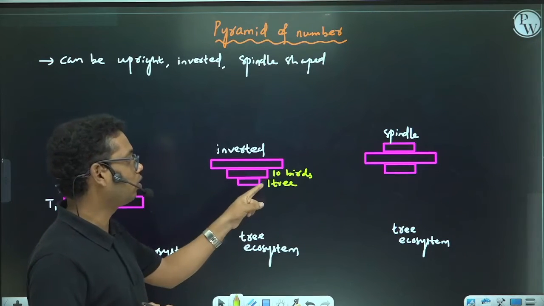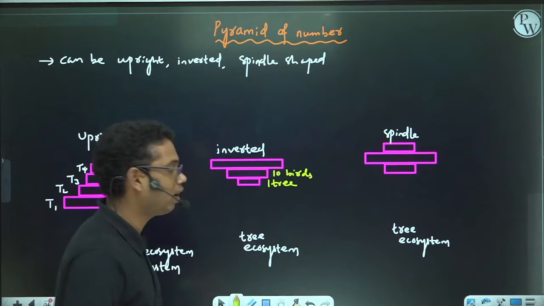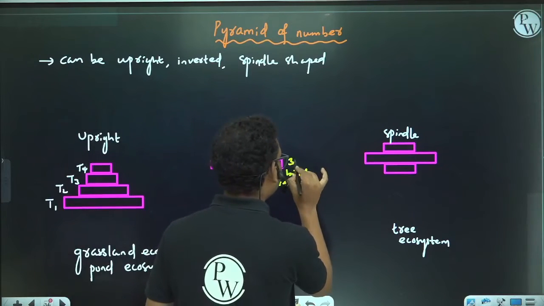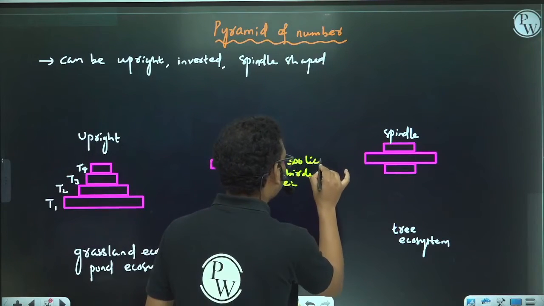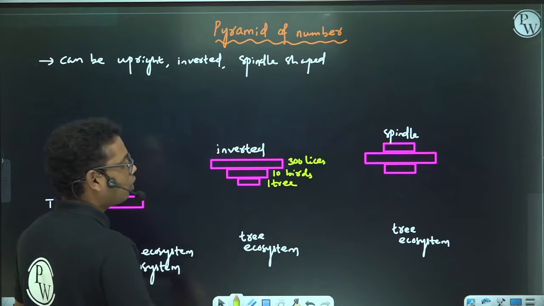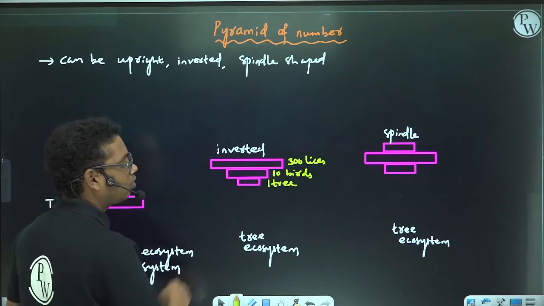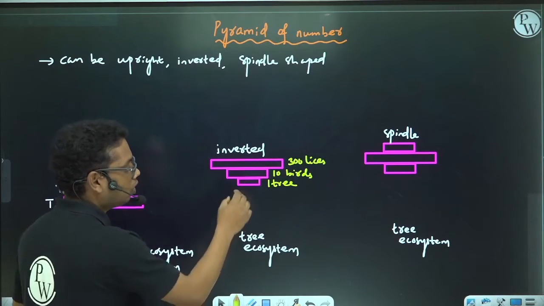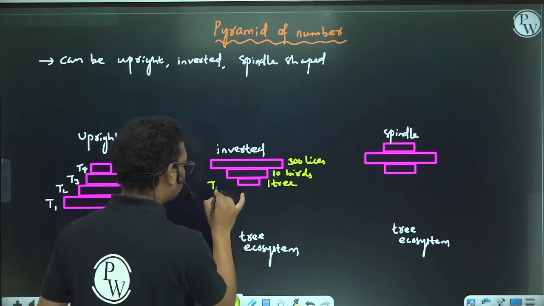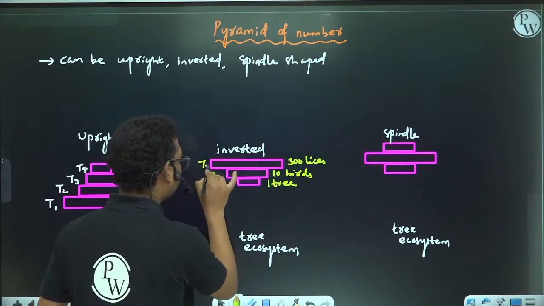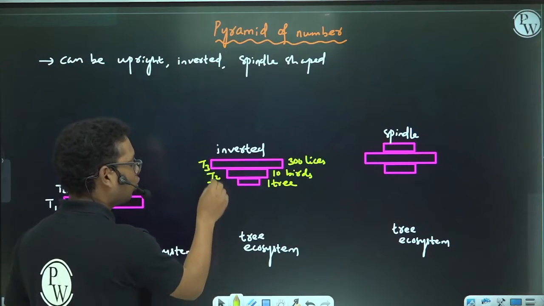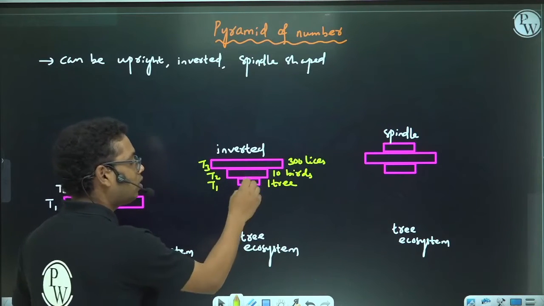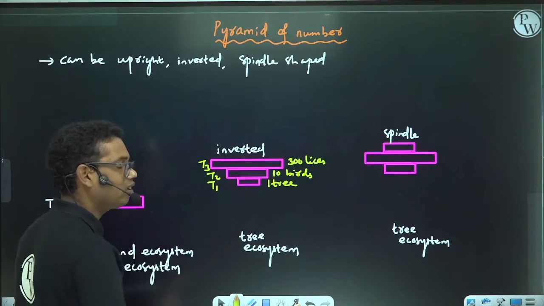So 10 birds means 300 lice will be present. You can see that one tree, 10 birds, and 300 lice or parasites. This is the first trophic level, this is the second trophic level, and this is the third trophic level. When we move from lower trophic level to higher trophic level, the number is increasing. So this is inverted.